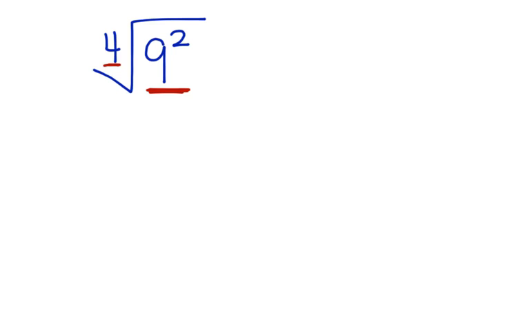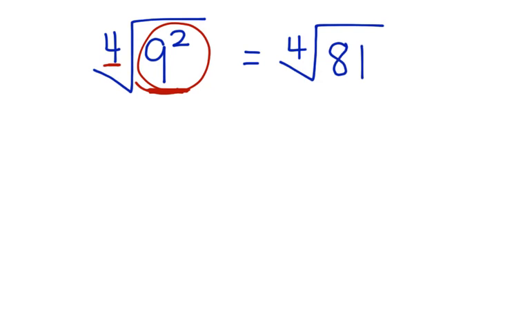Let's look at one more. What is the fourth root of 9 squared? Well, before we find the fourth root, let's figure out the number inside the radical first. 9 squared is 81. So we can say we're looking for the fourth root of 81.